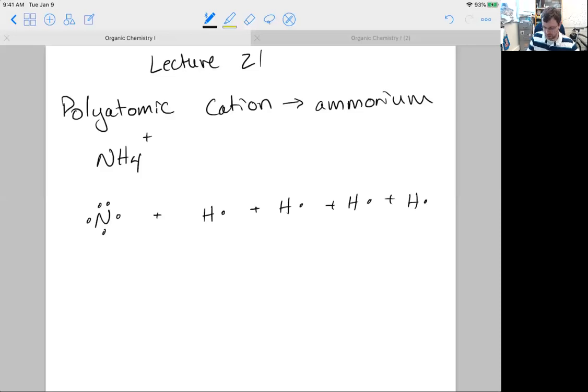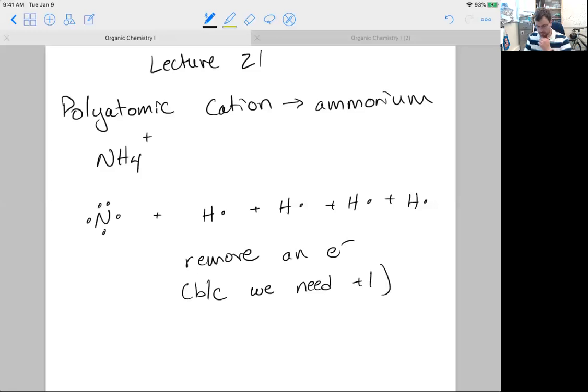And we're going to remove an electron, because that will give us an overall positive charge.